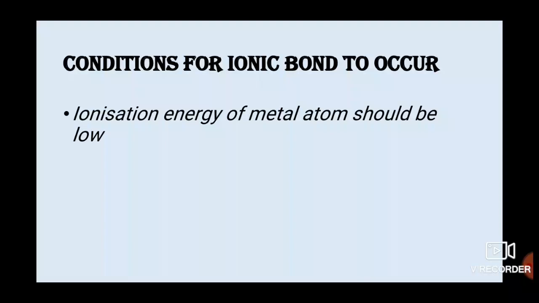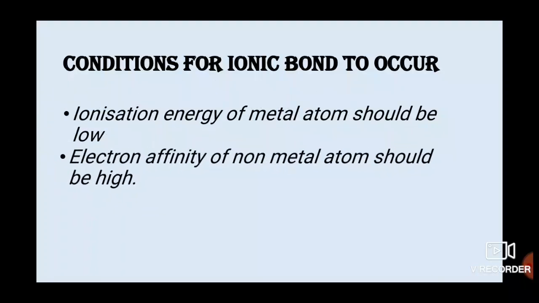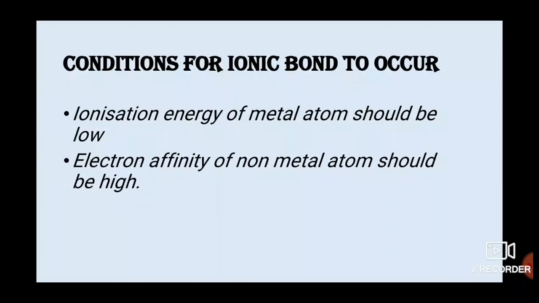So the formation of cation is easier if the metal atom has low ionization energy. Secondly, the electron affinity of non-metal atom should be high, which means the non-metal atom should have high tendency to accept electrons to become an anion, and so high electron affinity is required for the formation of anion.